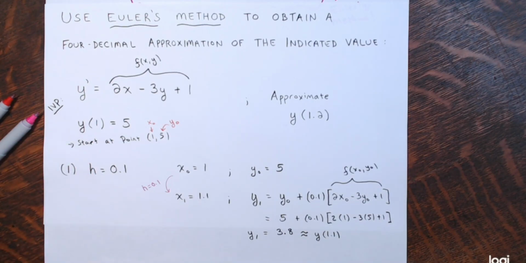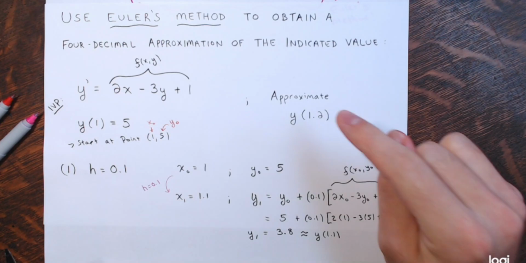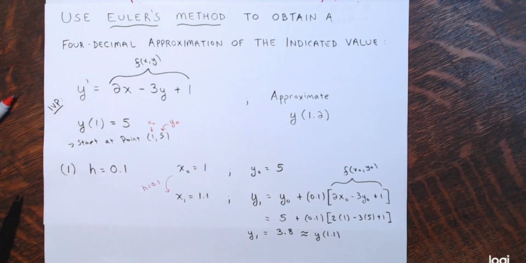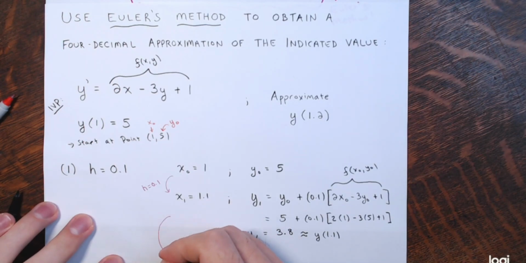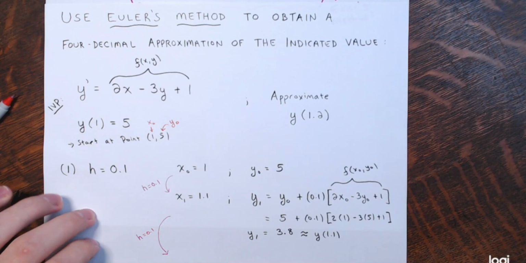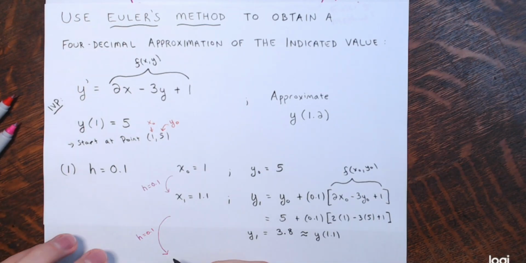To get the approximate value of y at 1.2, using this step size of 0.1, I just need to take one more step. With h equals 0.1, we get x2 equals 1.2. I took 2 steps to get from 1 to 1.2, and this is where I'm going to end.